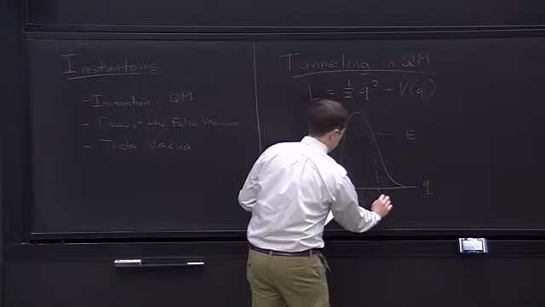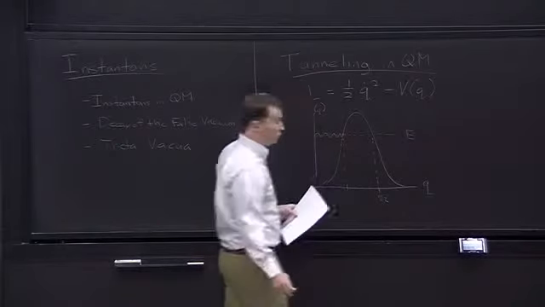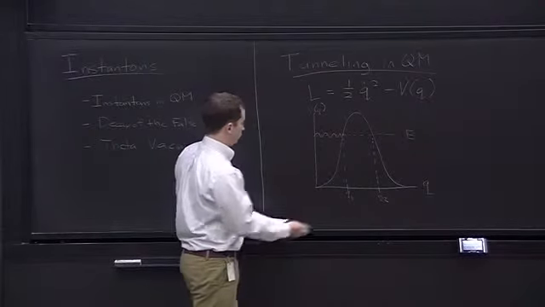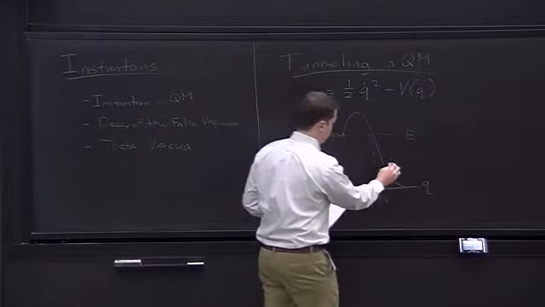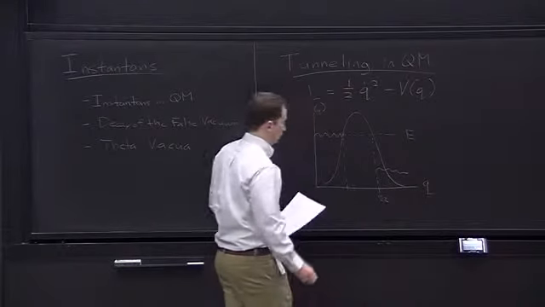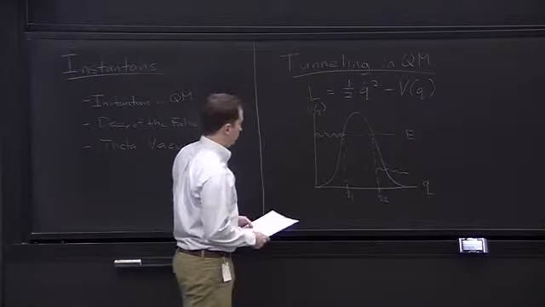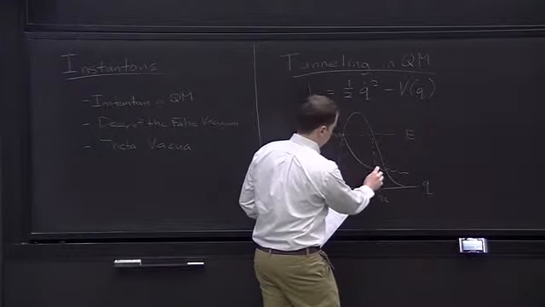So if Q is less than Q1, or greater than Q2, then the particle has enough energy to be in that region. So we can solve the Schrodinger equation in these regions, and it'll be some oscillating function, and it will decay exponentially in between.